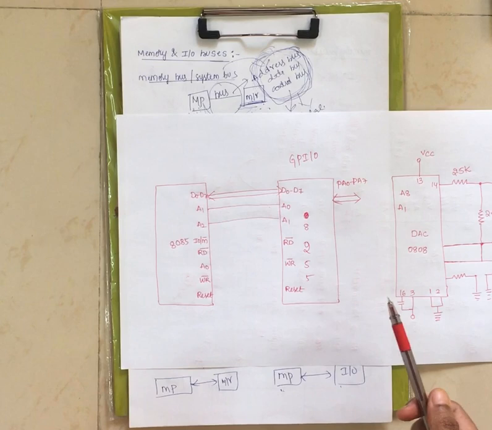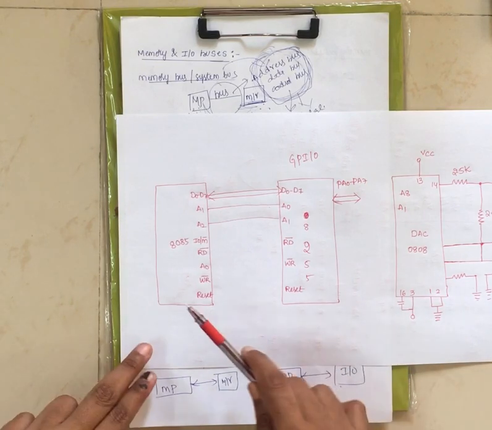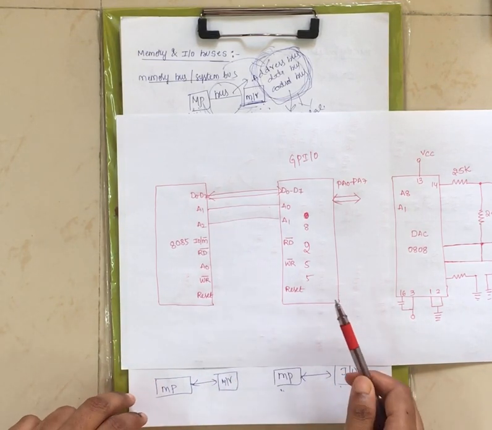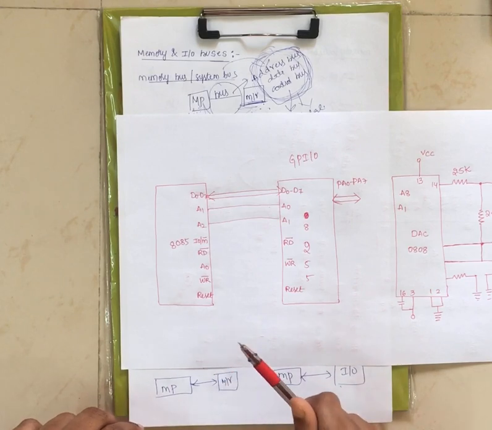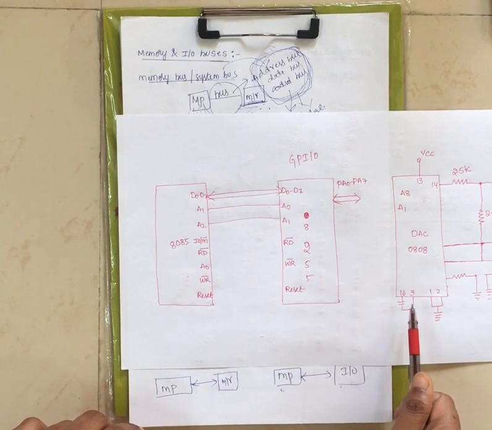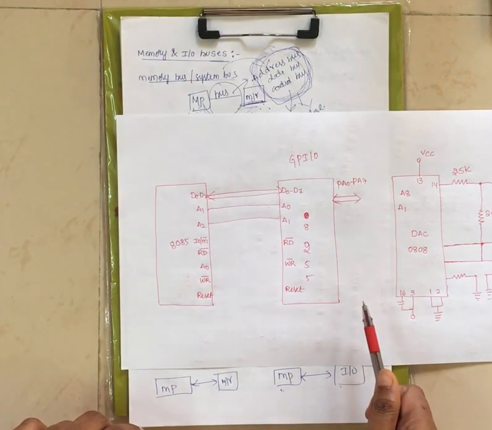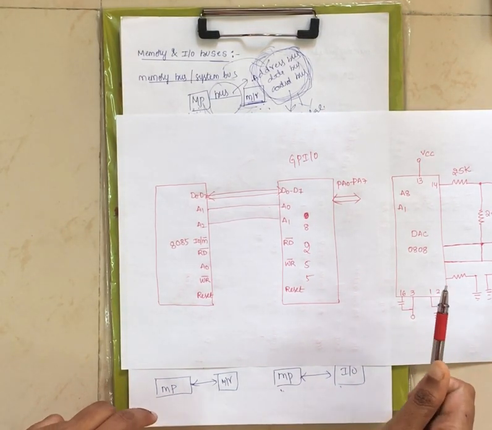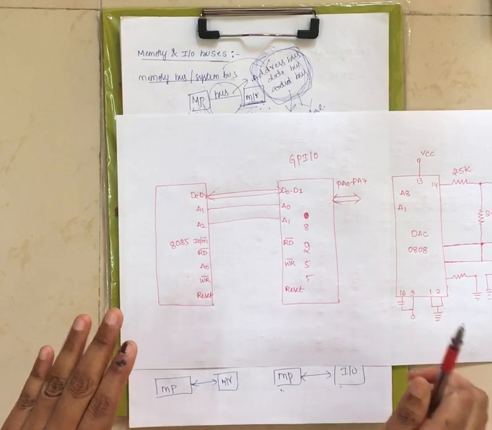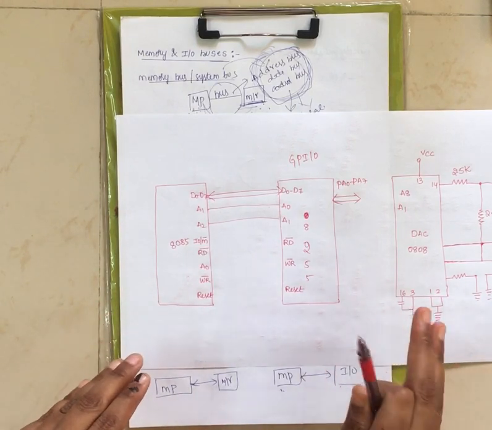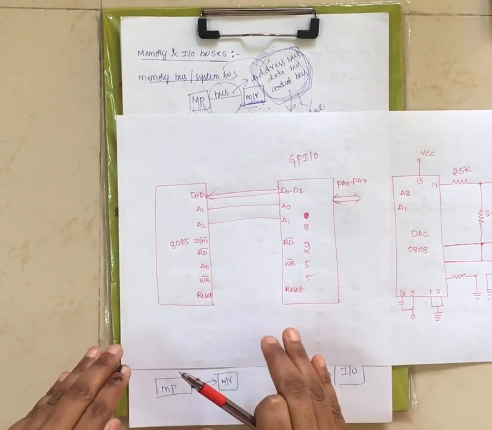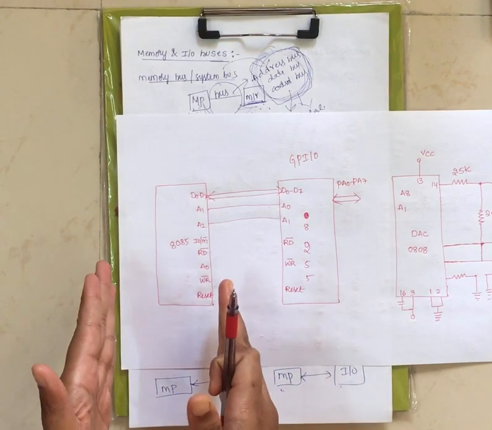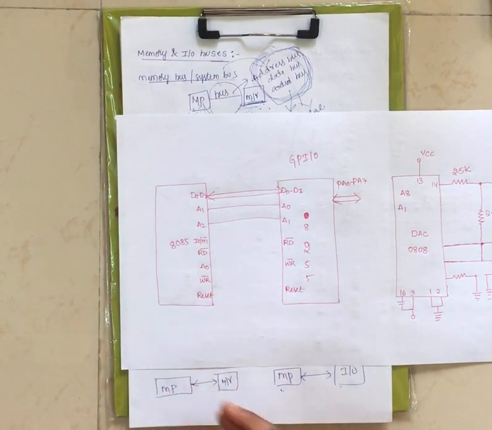You have to interface 8085 with 8255 under IO mapped IO because you are directly interfacing with the DAC 0808, in which you are treating the IO device as an IO device itself, not as a memory location. Since you are not treating the IO device as a memory location, you have to interface 8085 with 8255 under IO mapped IO.